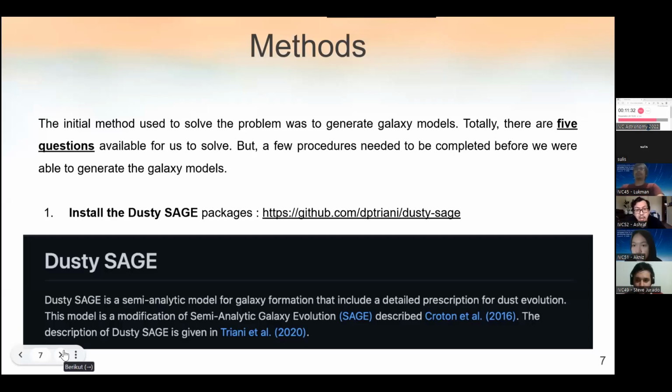In total, there are 5 questions available for us to solve, but a few procedures need to be completed before we were able to generate the galaxy models. Firstly, we installed the package, which is Dusty Sage. It is available on GitHub and can be installed directly onto our computers. Okay, next.